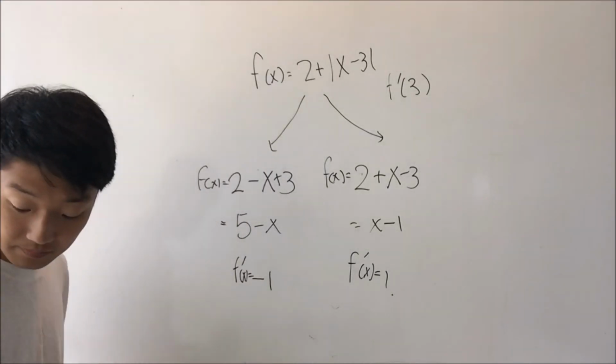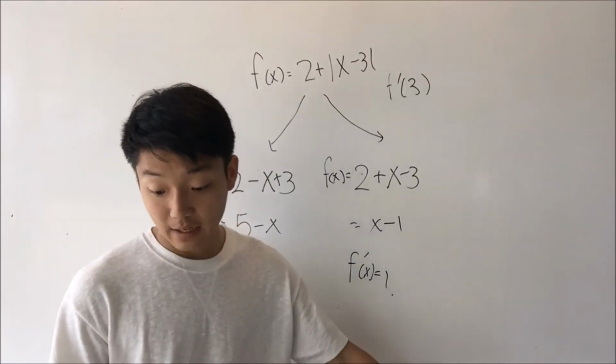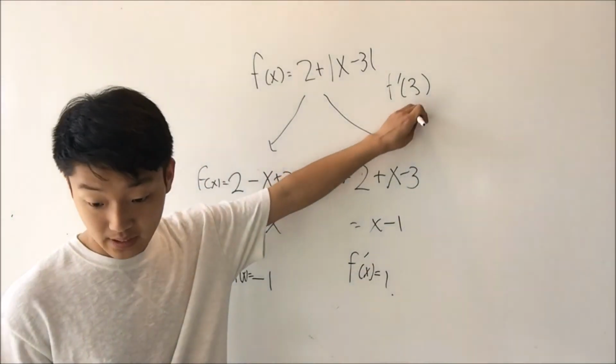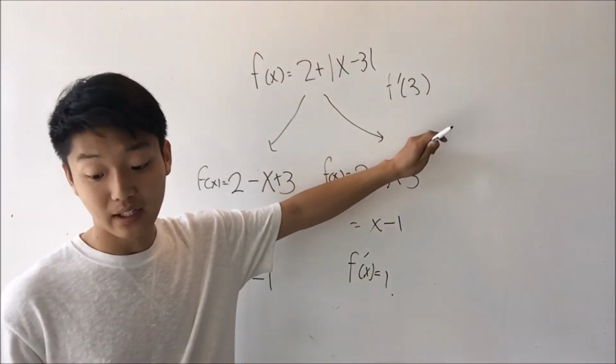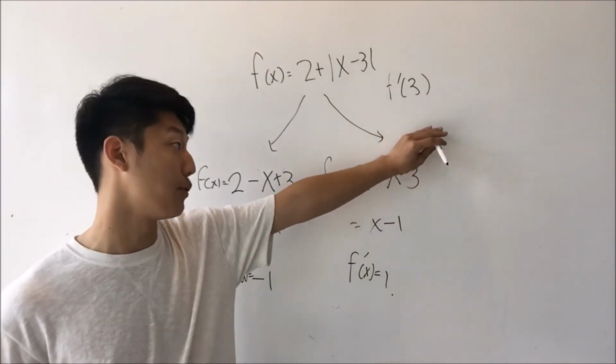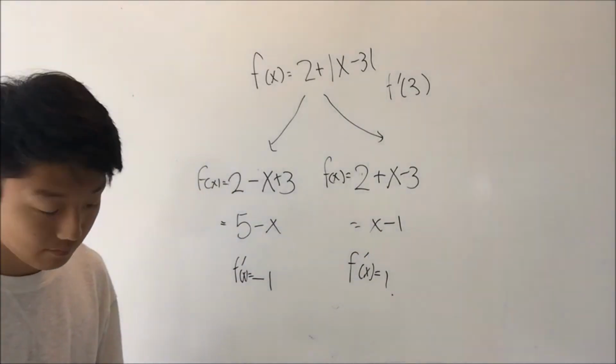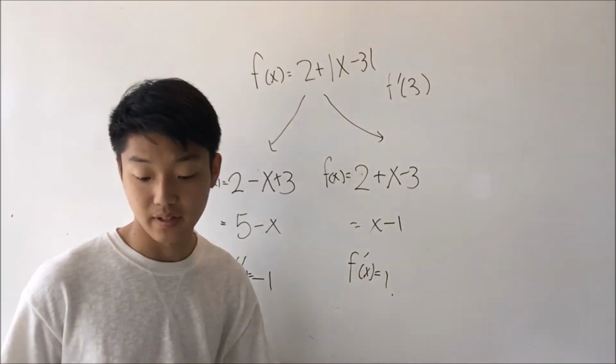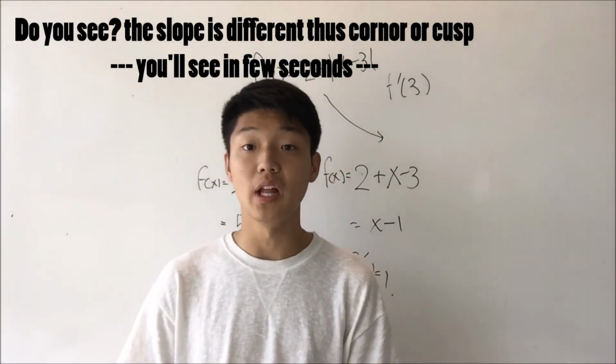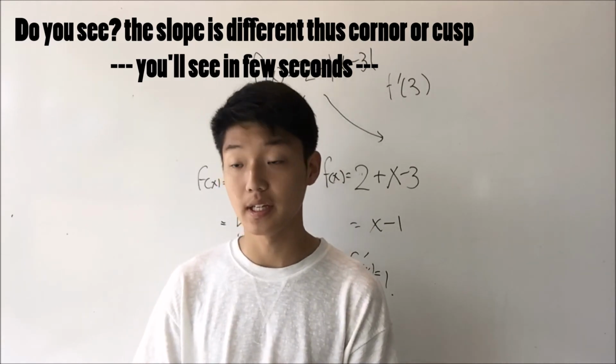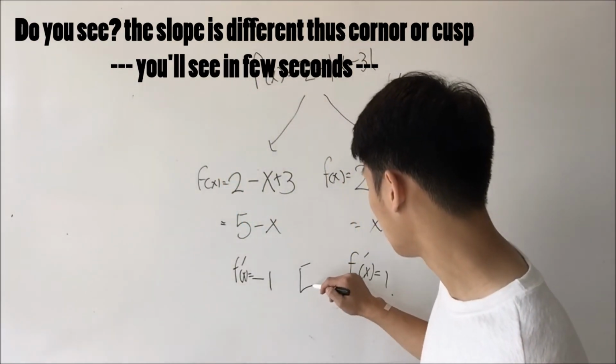And now, because it says f prime x at 3, because negative 1 and 1, the answer will be non-existent, which is E.